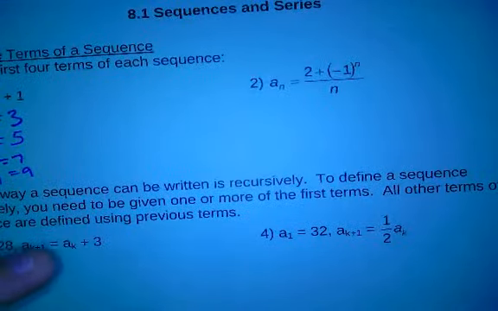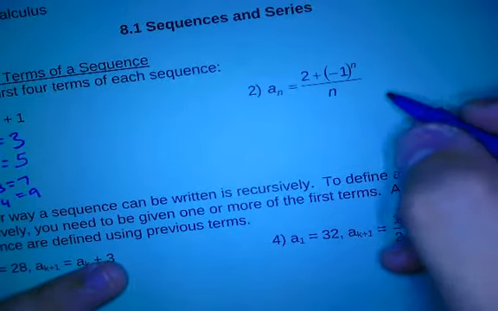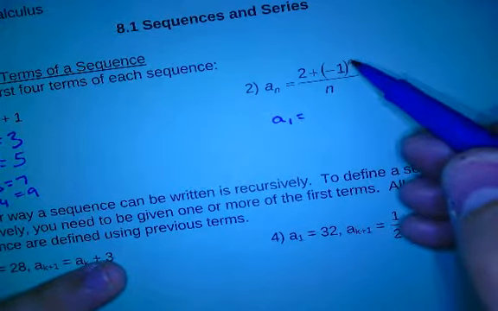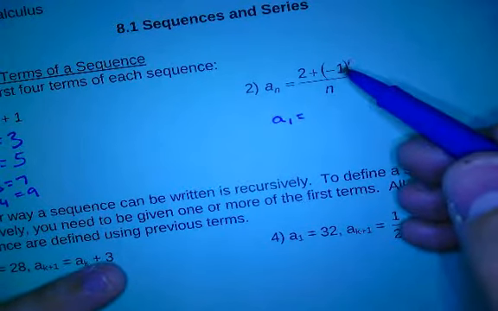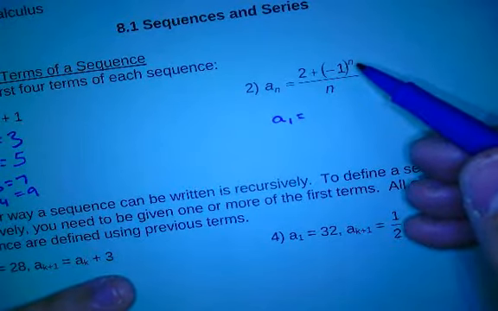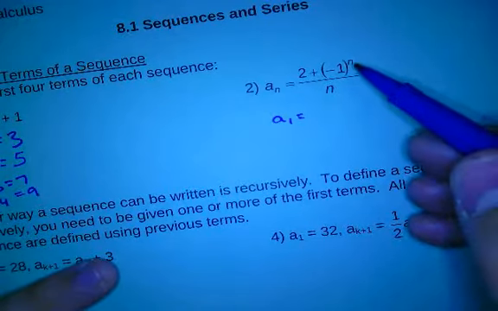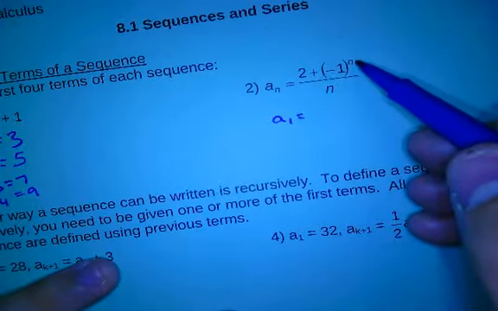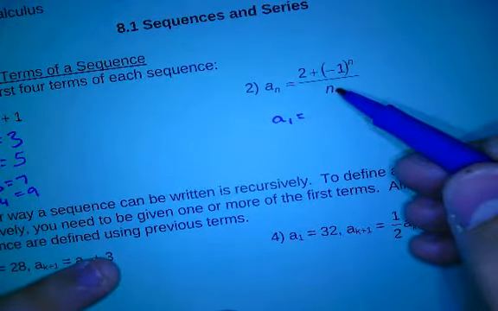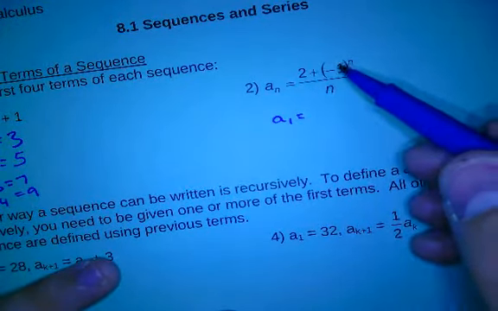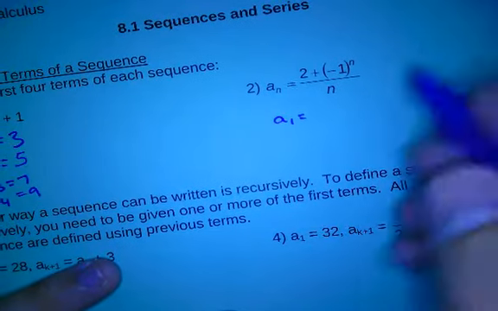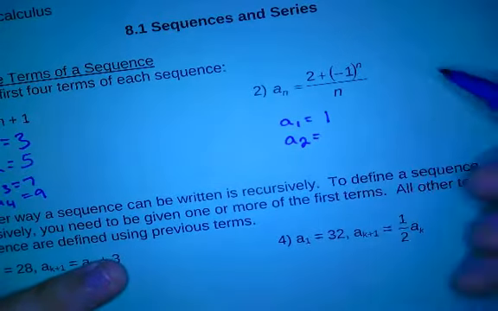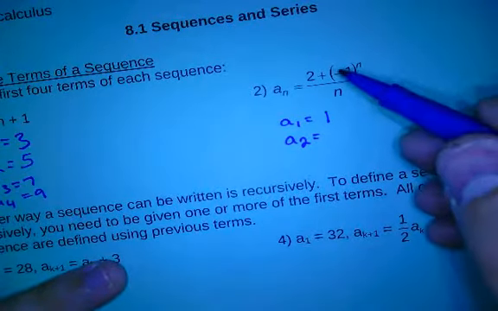Okay. So for number 2 here, I've got to find out what a sub 1 is. So plug in a 1. What happens to this? This negative 1 just means it's either going to be negative or positive. Do you agree? Nothing else is going to happen from it. So is this going to be a negative or a positive? By plugging in a 1, it's negative divided by 1. So what's 2 plus negative 1 over 1? It's 1. Plug in a 2.